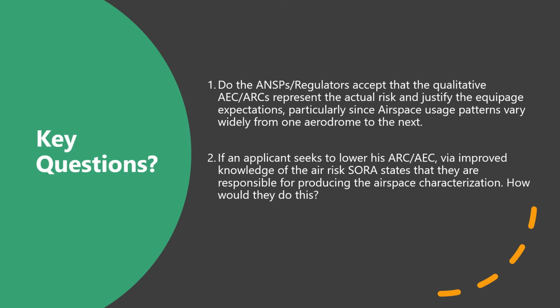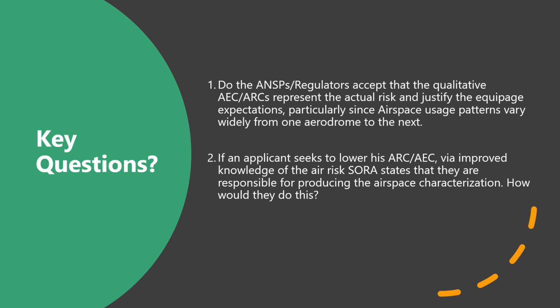And if that is accepted, that is the model is viable, and an applicant is seeking to lower his ARC-AEC combination and therefore TMPR via an improved awareness via airspace characterization of the area that he's looking to operate in, SORA states that they're responsible for producing that airspace characterization. So then the fundamental question is, how would they do this?